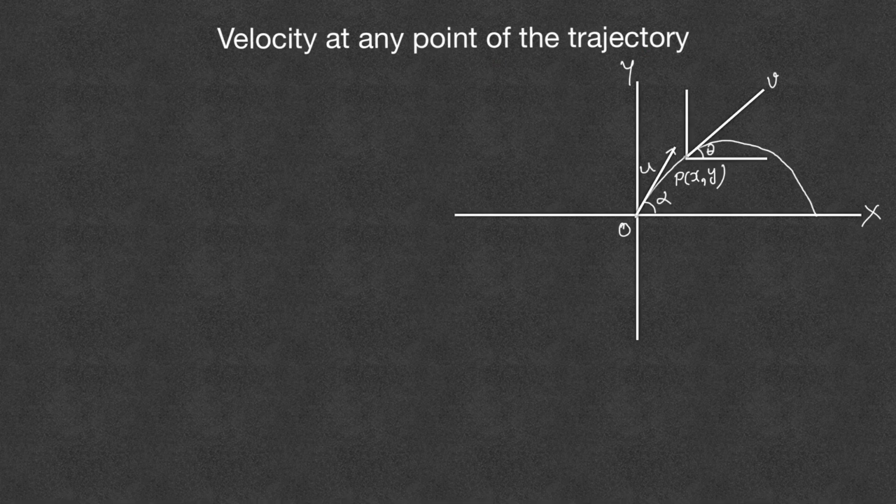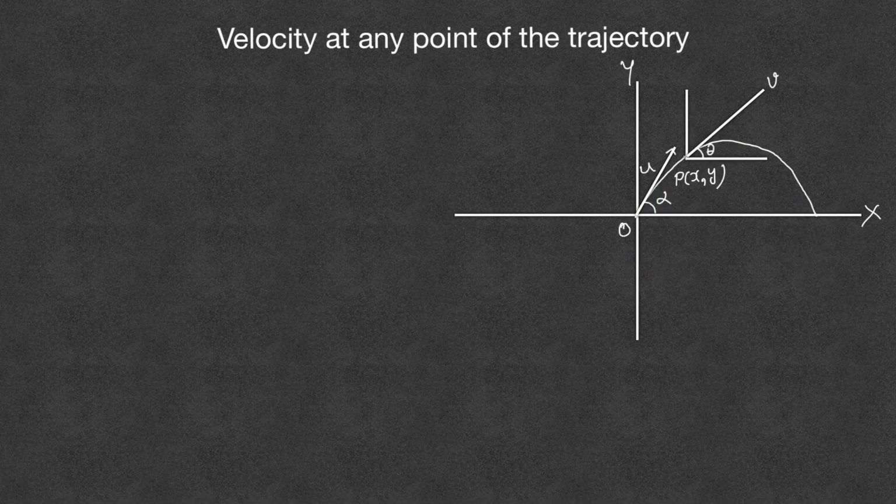So let me first draw the figure. In this figure, O is the origin and U is the velocity of projection, the initial velocity, and the projectile is projected through this path with angle of projection alpha.